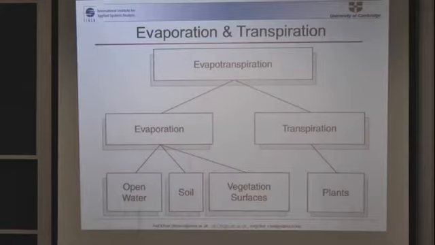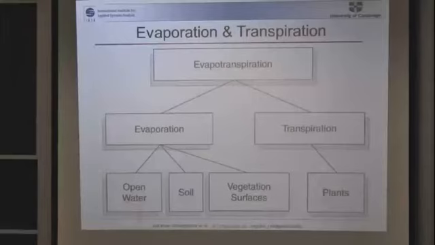transpiration. Normally, evaporation is from the surface of land, or it could be from the surface of water, such as a lake or any other water body. So it could be from open water, soil, and vegetation surfaces. But what is transpiration?